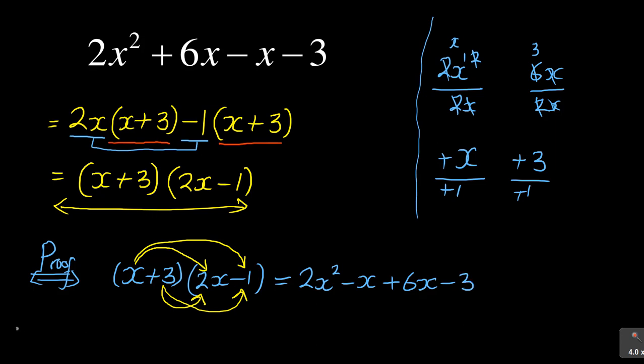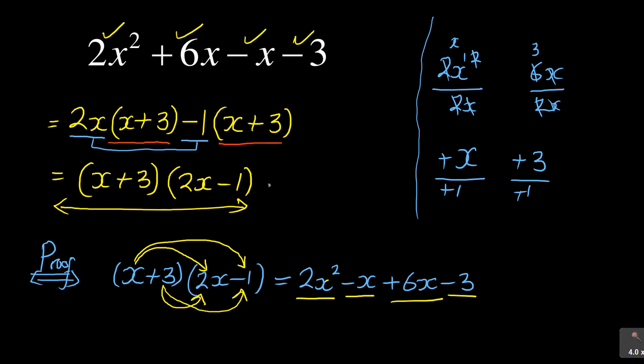Now you can see from the new expression that we have 2x squared, we have 2x squared in the original, minus x, we have minus x, plus 6x, we have a plus 6x, and minus 3, we have a minus 3. So you can see that when you expand, it takes you back to the original.